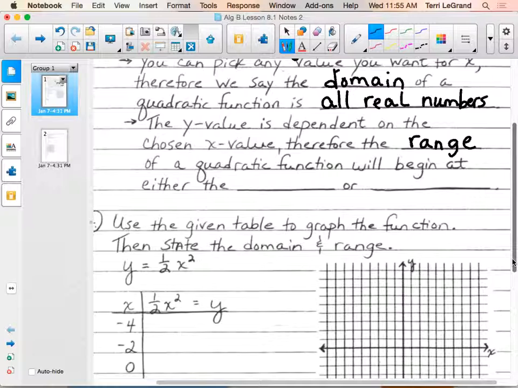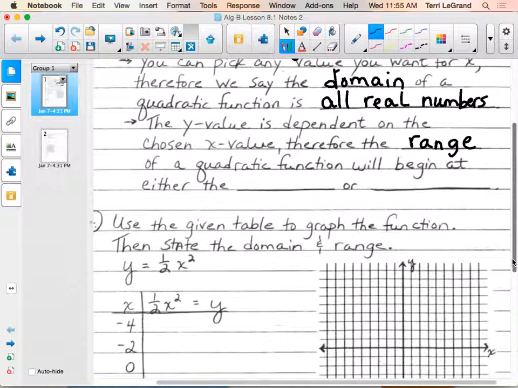So can the range be all real numbers? What do you think? Do you think the range can be all real numbers? No. Because if you have this parabola opening up, it's going to get down to a certain y value and it's going to stop and turn and go back up. And it's never going to go any lower than that. Or if it's opening down, it's going to get to a y value and then it's going to stop and make a turn and come back down again. So we can't get any higher than that.